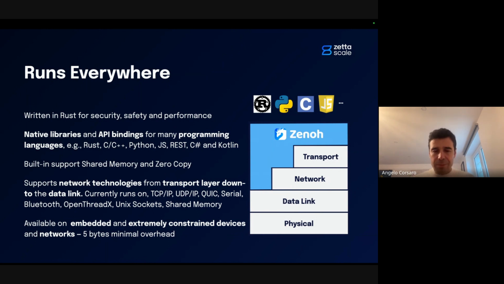If you look at the wire overhead, even protocols that are positioned as being efficient, but still target the enterprise world, the wire overhead when sending data is at least several tens of bytes. And if you're trying to run on a constrained network that has an MTU of 127 bytes, then every byte counts.